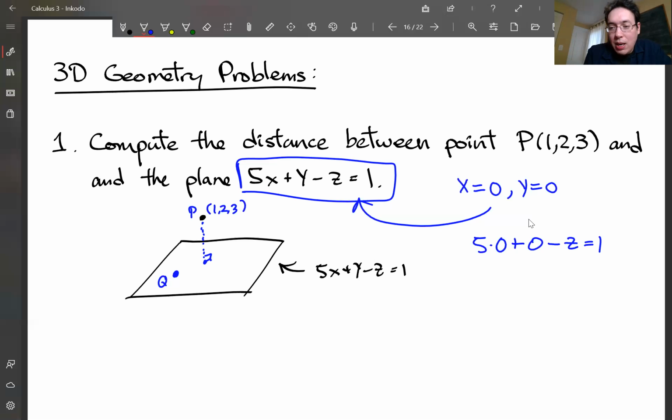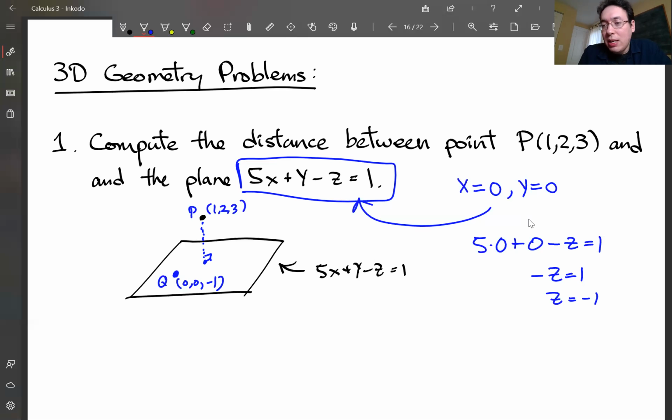If the point were to satisfy this equation, then negative z has to be equal to 1, or z is equal to negative 1. So what did I just do? I just found that the point 0, 0, negative 1 satisfies the equation of the plane. So it sits on the plane.